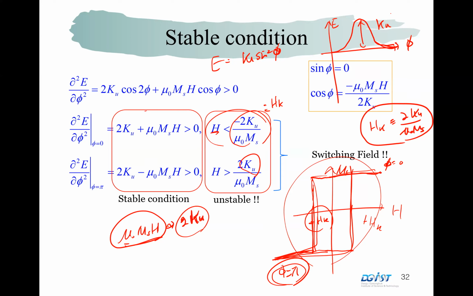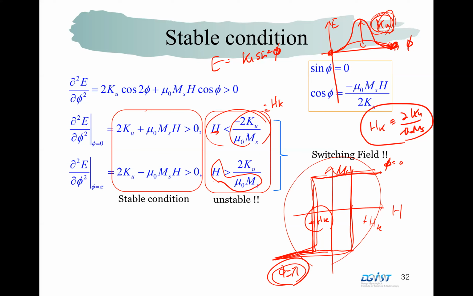And this is a kind of energy barrier. So from here to here is switching. To overcome this KU, the energy barrier, you need such energy from here to here. And this energy comes from the Zeeman energy, so this is proportional to here. So always H multiplied by mu0 Ms generates an energy density, and this term is another energy density to compare in the competition.